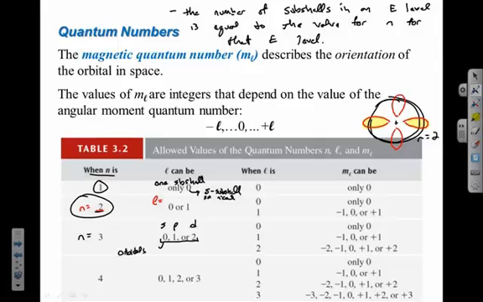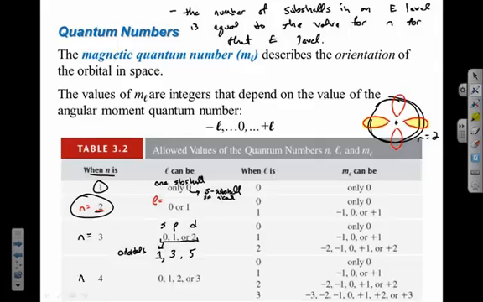The number of orbitals in an S subshell is always 1. How many orbitals are in a P subshell? 3. So if we went with that trend and continued it, how many orbitals would you expect to be in a D subshell? 5. And those are going to be more challenging for me to draw, so I will show you those shapes here in a minute.